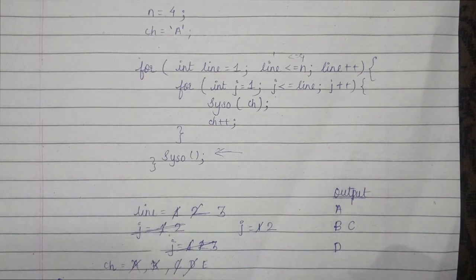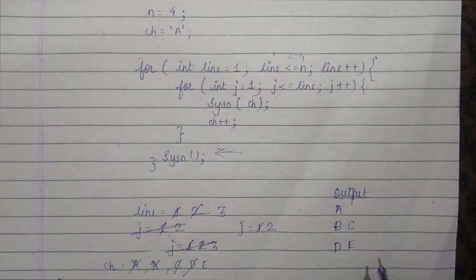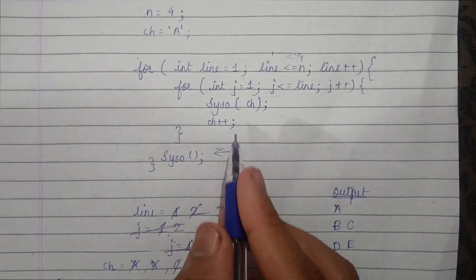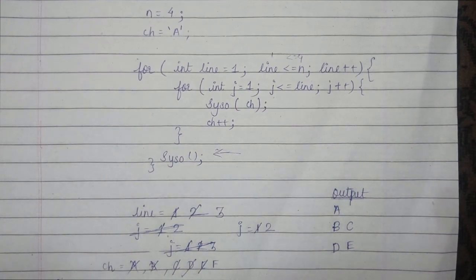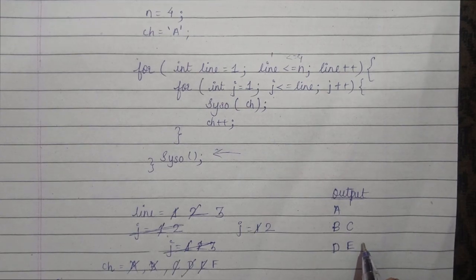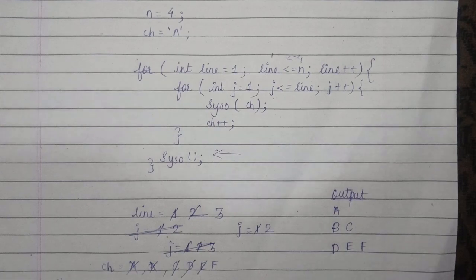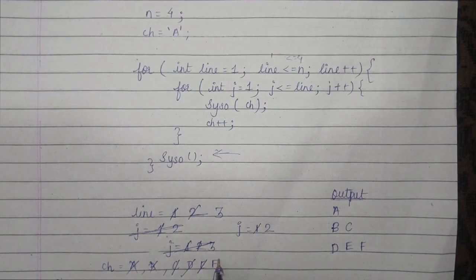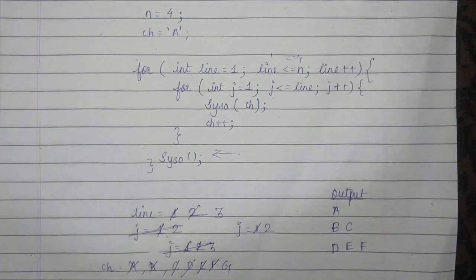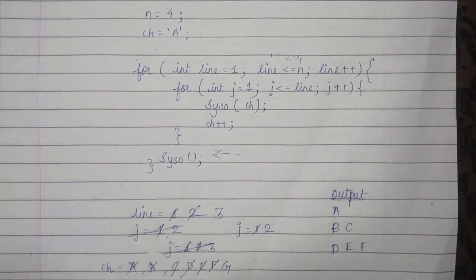Then it will print the character F and update the character to G. Now the current character is G.